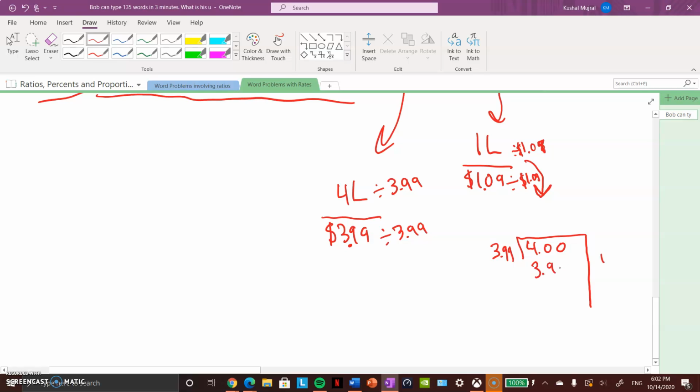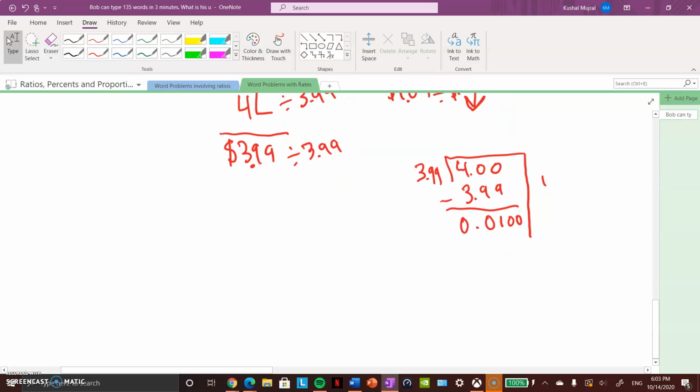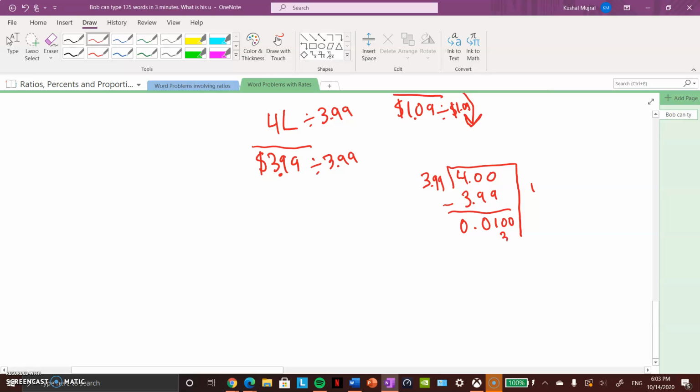You get 1 here, 3.99, you're left with 1 cent, 0.0100, and then we're just going to try to get one more. 3.99 multiplied by 0.001 is 0.00399.